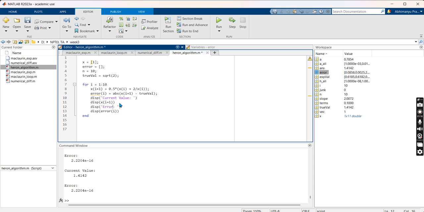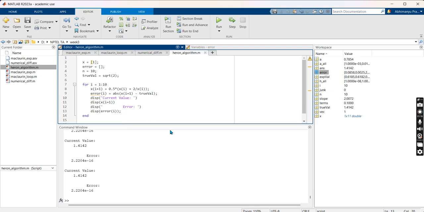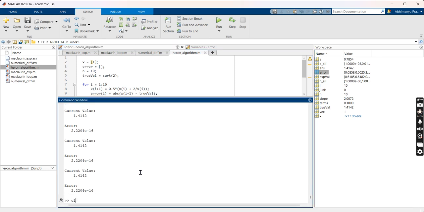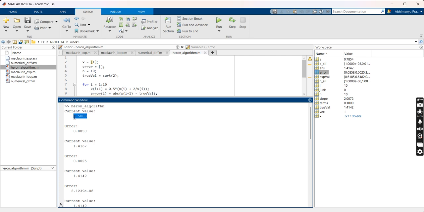I initialize it with 1, and after the first iteration my value is 1.5 and my error is 0.08.